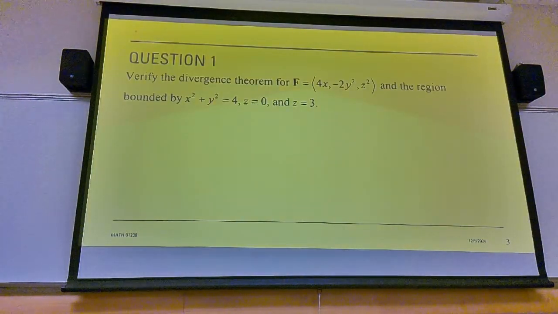Why change tradition? Very useful theorem for you when you're taking an M. Will be soon. Going to verify the divergence theorem for that vector field and the region that is bounded by x squared plus y squared equals 4, z equals 0, and z equals 3.